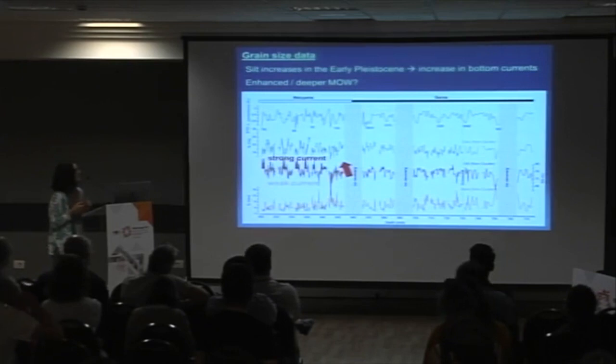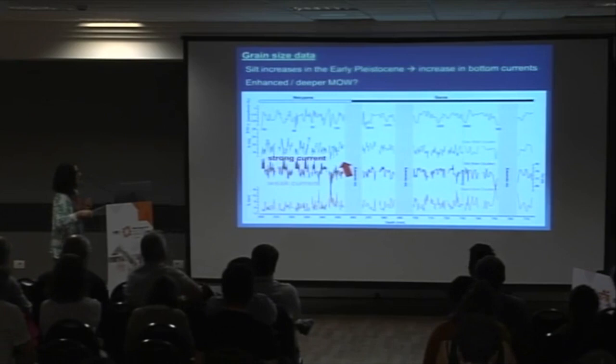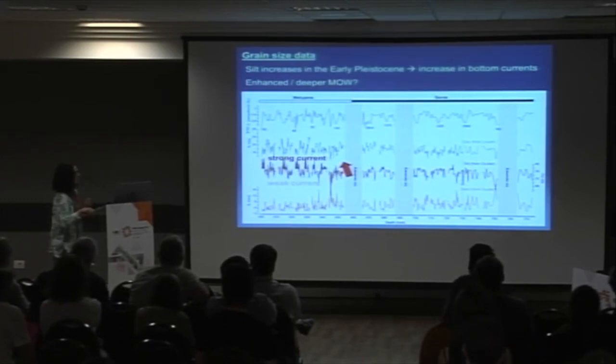And we have also done grain size analysis, and here we have the clay record. This is the silt, and this is the sand. And well, most of the sediment is composed of silt, and we can see an increase in the silt during the early Pleistocene.